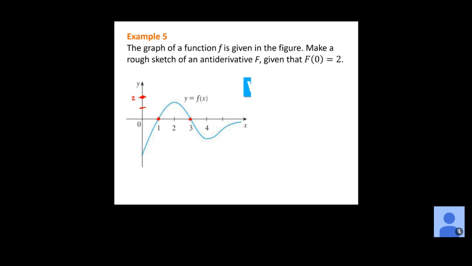If the derivative equals 0, what does that tell us about the original function? Those are your critical points, right? And what do we know about critical points? What could we have at critical points?